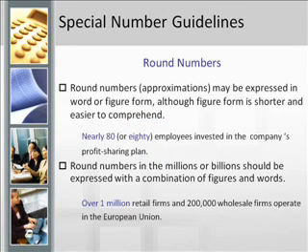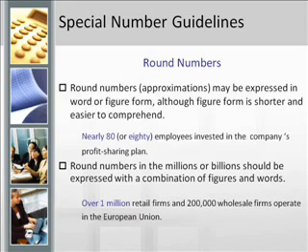And here we are with the last slide, with the last rule, assuming that you're following the order that I've placed the PowerPoint slides up. So we will be looking at using numbers with round numbers. Numbers that are being used as approximations, in which you have rounded, may be expressed in word or figure form, although the figure form is shorter and easier to comprehend.